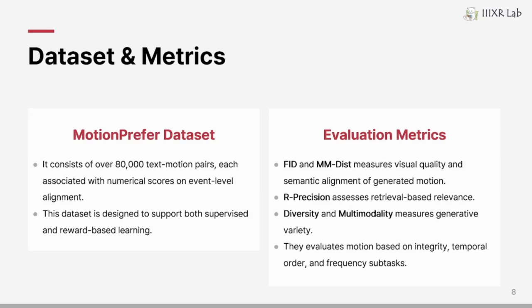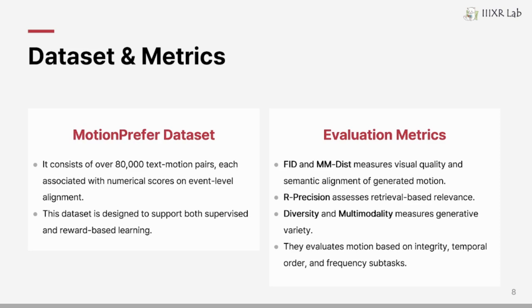To support this framework, the authors built a novel dataset called MotionFlipper. It contains over 80,000 text-to-motion pairs, each paired with GPT-4Vision-derived scores on integrity, temporal order, and frequency. And this dataset enables large-scale training and evaluation of event-level alignment.